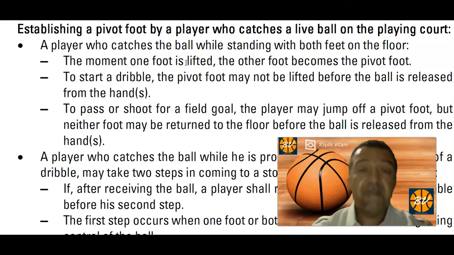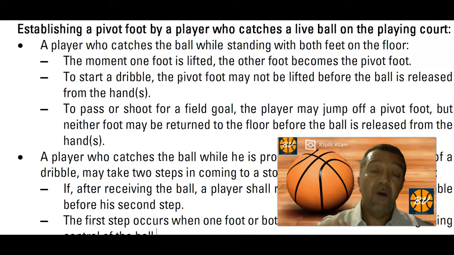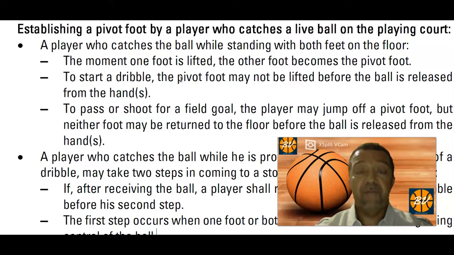And if this player then wants to start a dribble, the rules clearly state that the pivot foot that has been established beforehand cannot be lifted before the ball has left the player's hands on the start of a dribble.